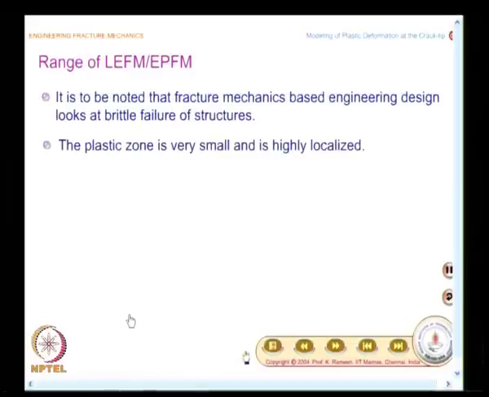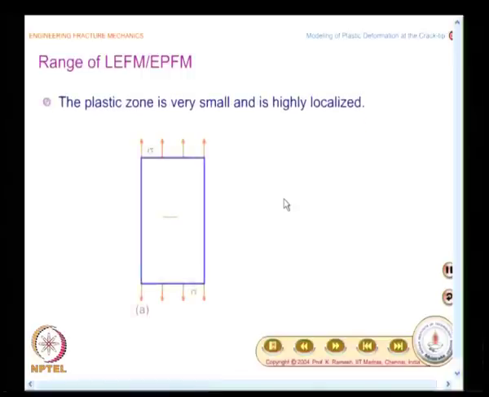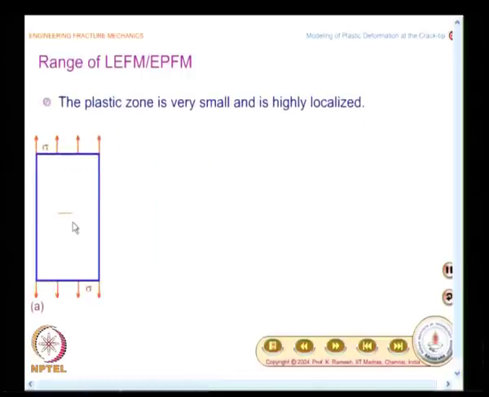And before we get into the discussion of plastic zone, we have already seen the range of linear elastic fracture mechanics and elastoplastic fracture mechanics based on the plastic zone, and you have to recognize the plastic zone is very highly localized.